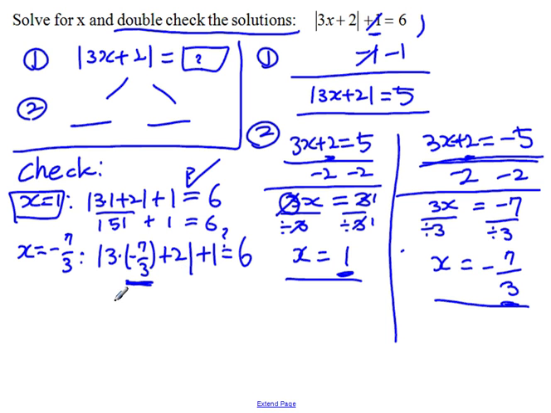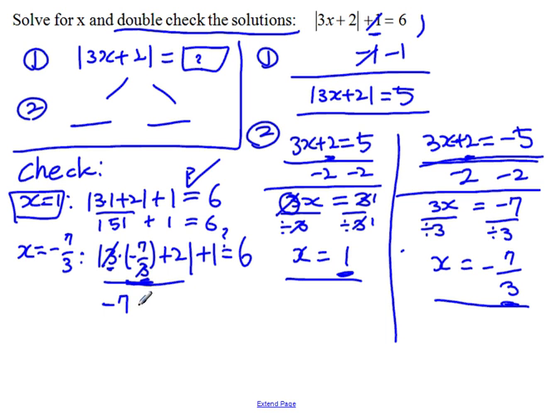So then, what is this number? 3 times negative 7 over 3 plus 2. We multiply 3 and negative 7 over 3. It's a product of a positive number and a negative number, so it's negative. And this 3 and this 3, one is in the numerator and the other is in the denominator, so they are cancelled out. Negative 7, right?